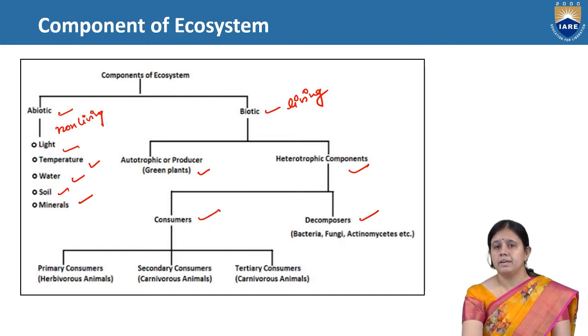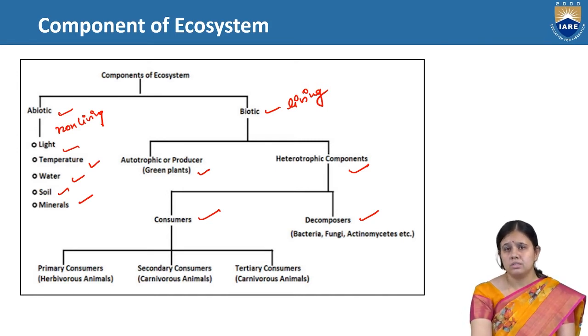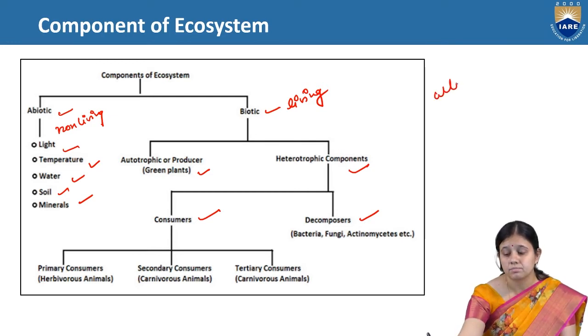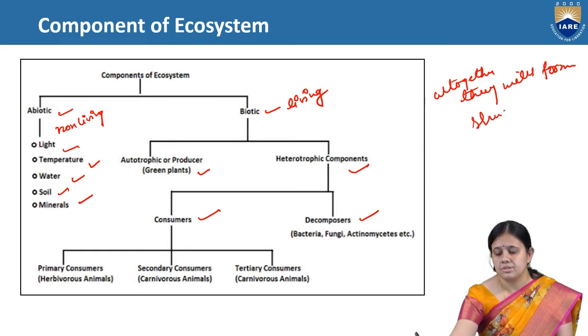Consumer is again divided into three parts: primary consumer, secondary consumer, tertiary consumer. All these components together form the structure of ecosystem.